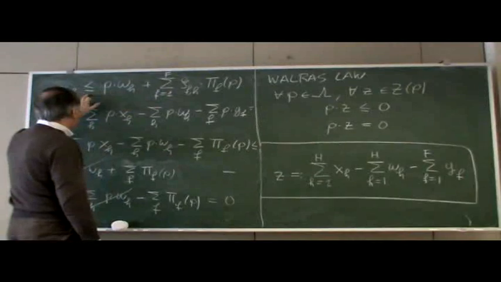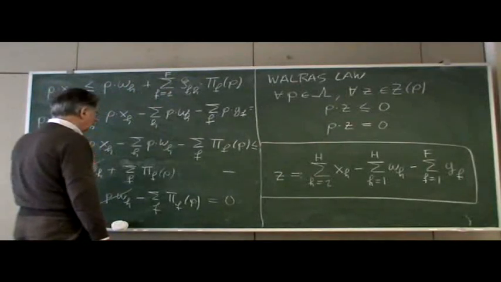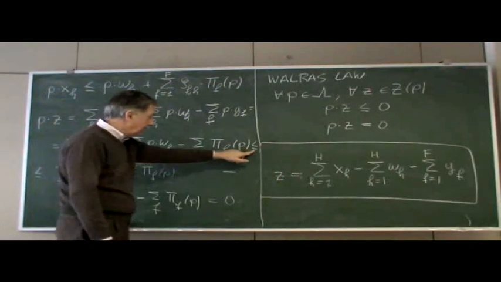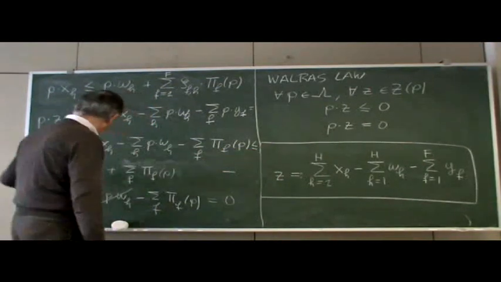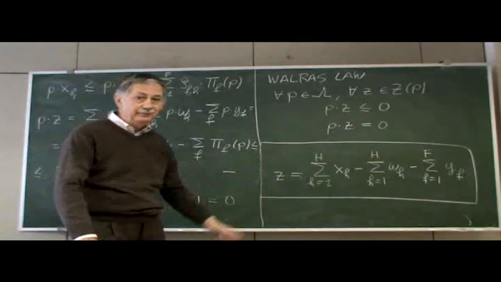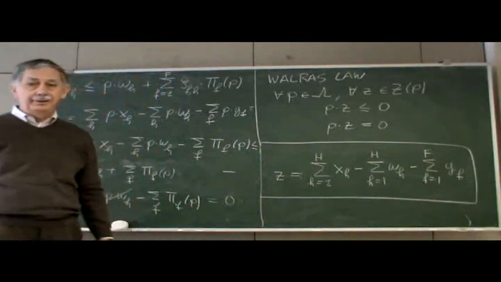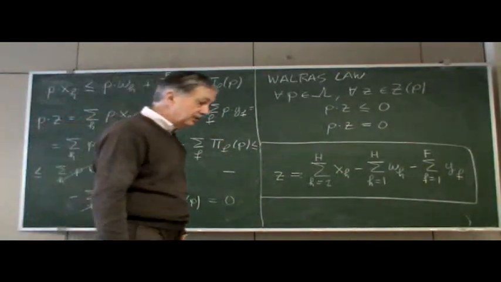So this condition is verified as an equality. So here there is an equality, and in conclusion, P times Z is equal to 0. Strong Walras' law in the case of monotonicity or local non-saturation.